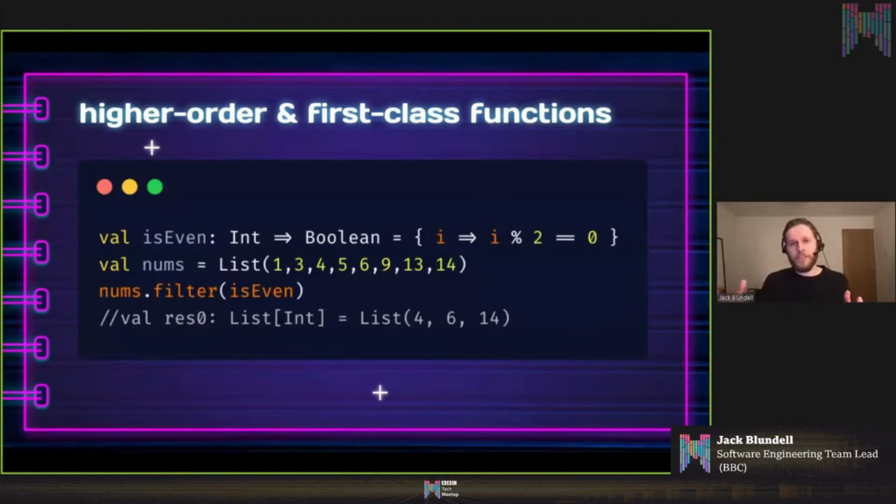If the Boolean ends up being true, it'll pass that into a new list that it returns back. If it's false, it'll just throw away the item. So in this example, filter is our higher order function and isEven is our first class function. It's simpler than the boilerplate example, I hope you agree, that we saw on the previous slide. And it gives a hint of the declarative nature of functional programming as opposed to an imperative style.